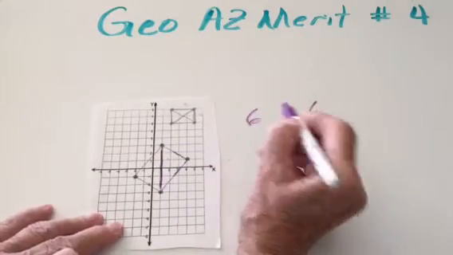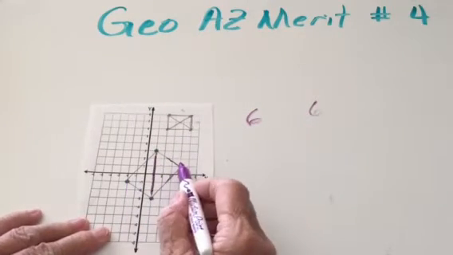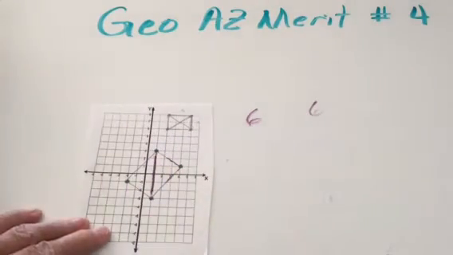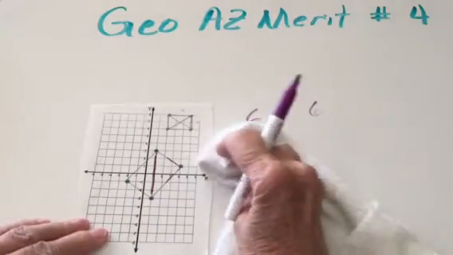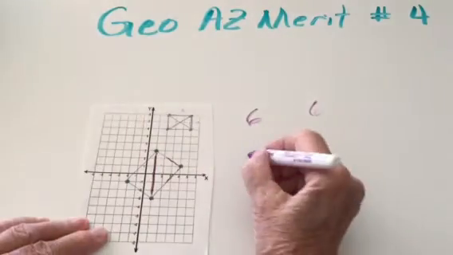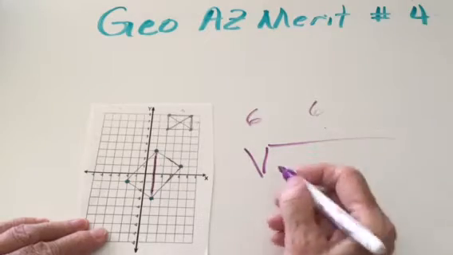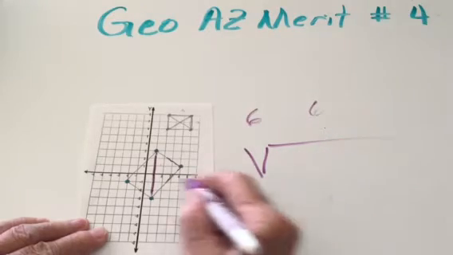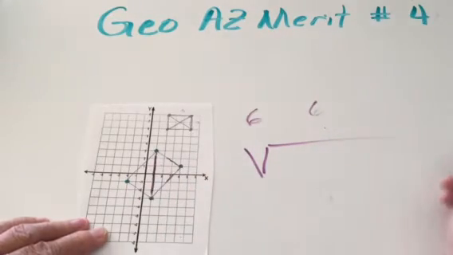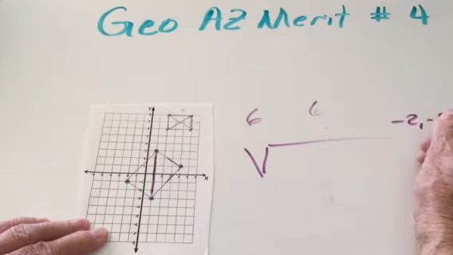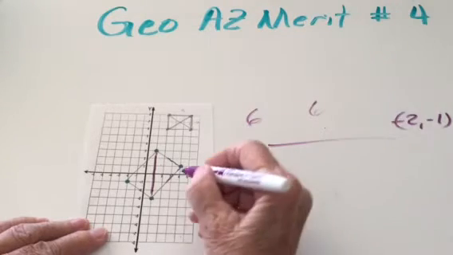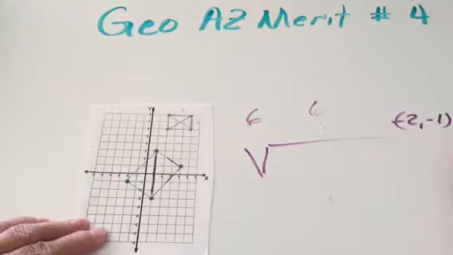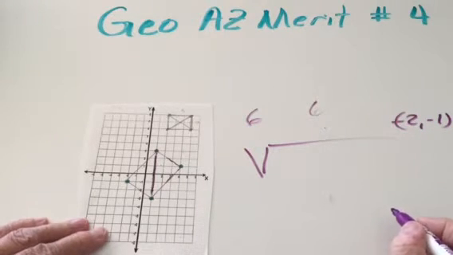This diagonal, however, I have to use the distance formula real quick. So watch, what are my 2 points? (-2, -1) and (4, 1). They're the 2 points that I'm going to be working with.